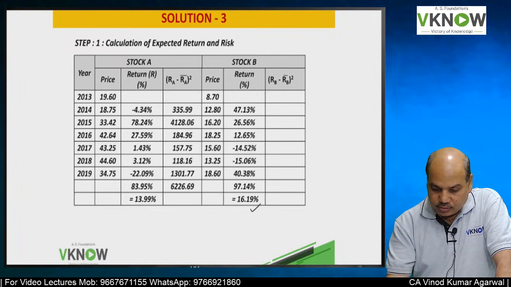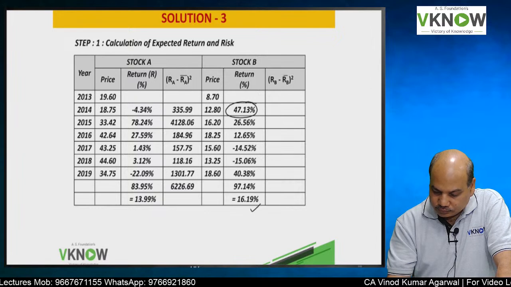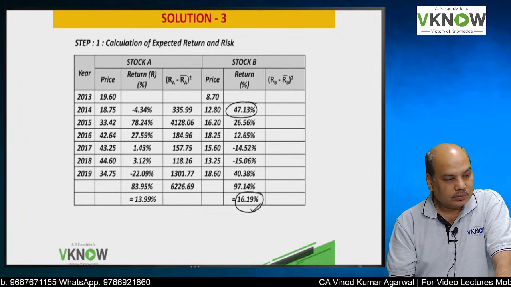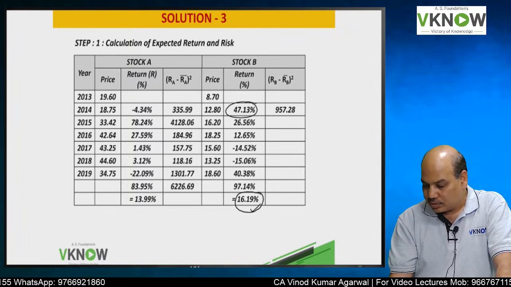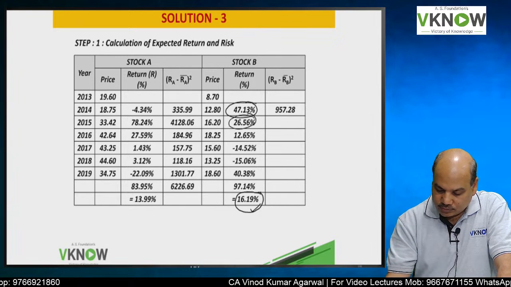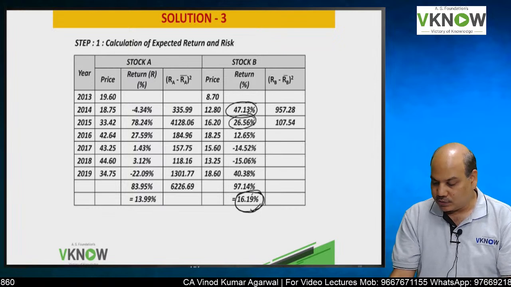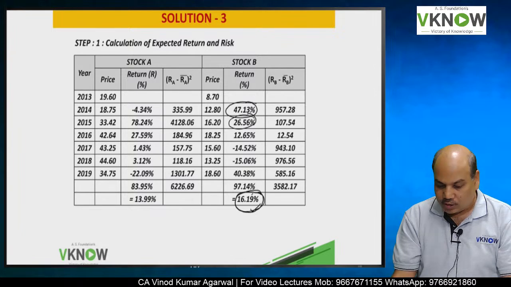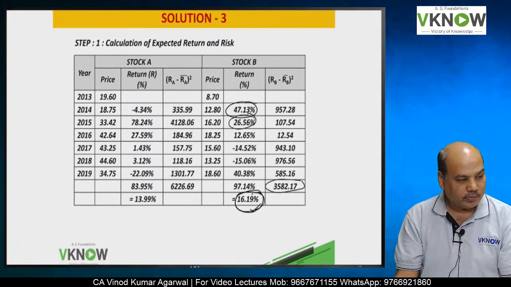Now what you do, 47.13 minus 16.19 into equal to 957.28. 26.56 minus 16.19 into equal to 107.54. Now repeat this process and tell me the total. The total comes to 3582.17.